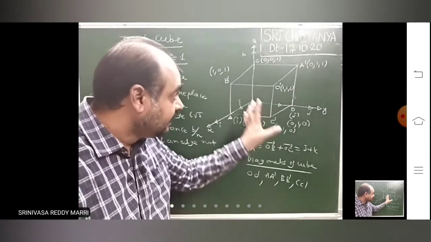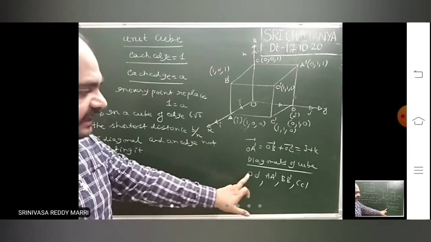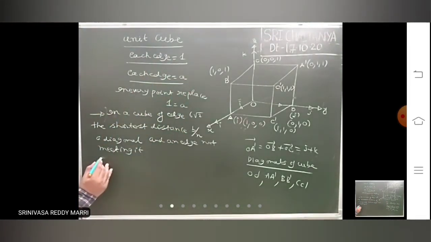These are the diagonals. Diagonals of faces means just the diagonals of every square. Diagonals of the cube means these 4 diagonals. So take any diagonal of your choice.